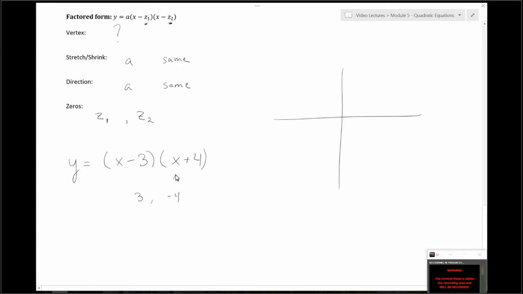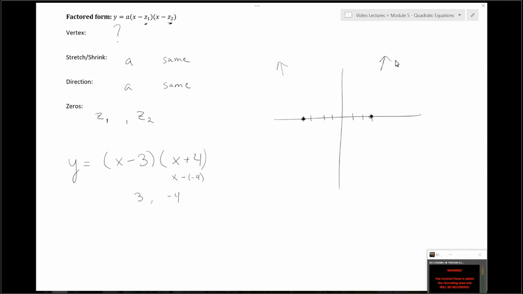Because I can write x minus negative 4. I also know it points up, so I know it'll eventually do something like this. So the only other thing I would need to know in order to graph it would be that vertex. So we see if I want to graph a quadratic, I absolutely need the vertex.